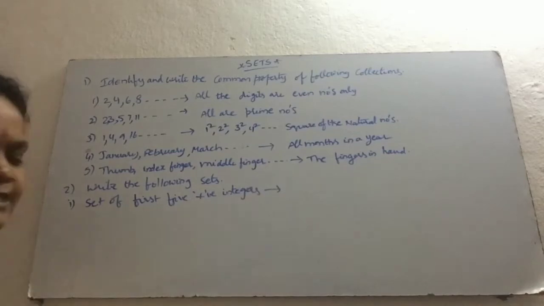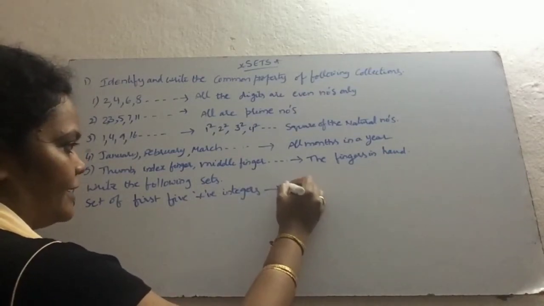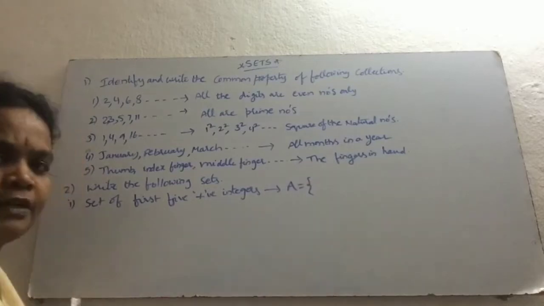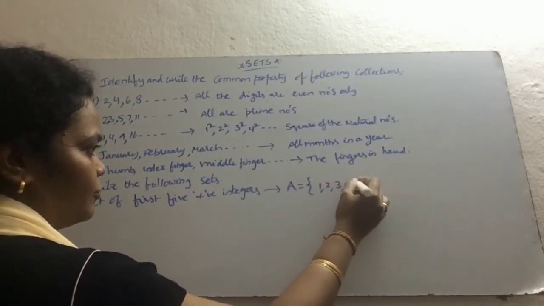What is the set of first 5 positive integers? I will take A equal to the first 5: 1, 2, 3, 4, 5.